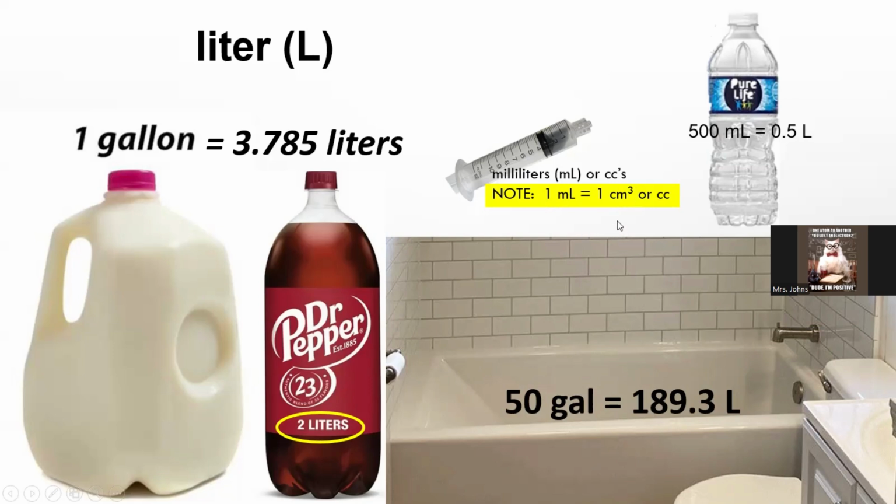So a centimeter times a centimeter times a centimeter, like a sugar cube, is abbreviated cc for cubic centimeter. A typical bathtub holds about 50 gallons of water, and that translates to 189.3 liters. So that gives you some ideas about liters.